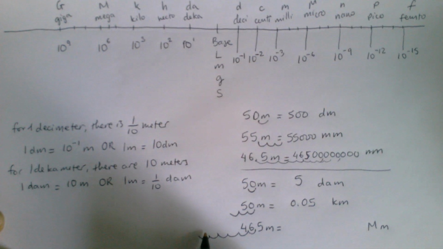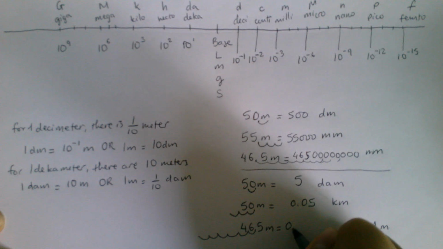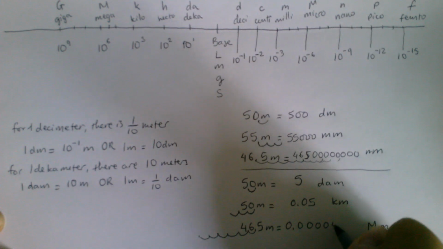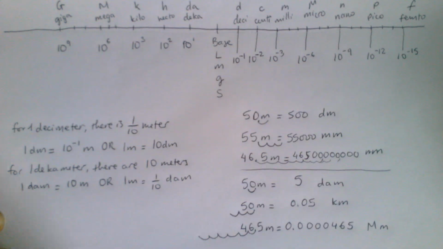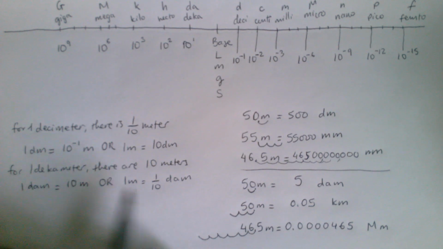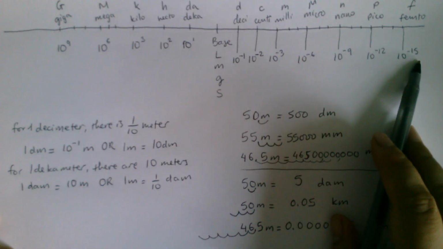That is 0.0000465. Again, this is a super small number with a bunch of zeros. We're going to learn how to do scientific notation for numbers like this. So this is unit conversion based on the number line for tenths.